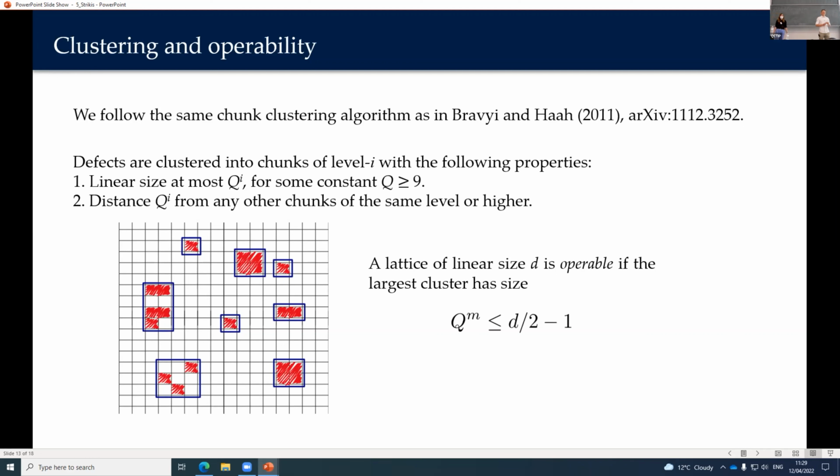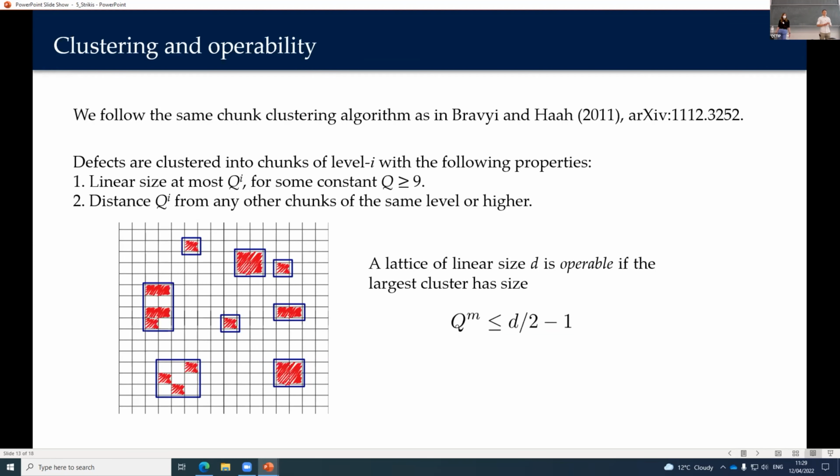The same chunk clustering algorithm used to decode lattices with no defects, and they also came up with a really small proven threshold, right? Yeah. That was something like 10 to the -6 or so. So there was 10 to the -6, yours is 10 to the -7. These are slightly different thresholds. The 10 to the -6 is the fabrication defect rate threshold.